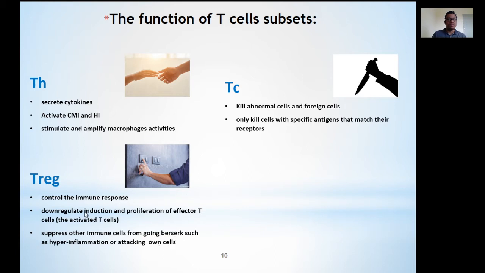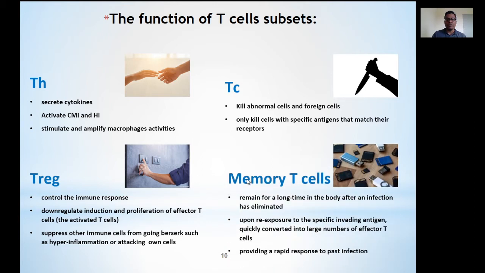So it's like a counter to the activity of T helper cells, where T helper will stimulate everything, and then it will be downregulated, reduced to normal by the Treg.